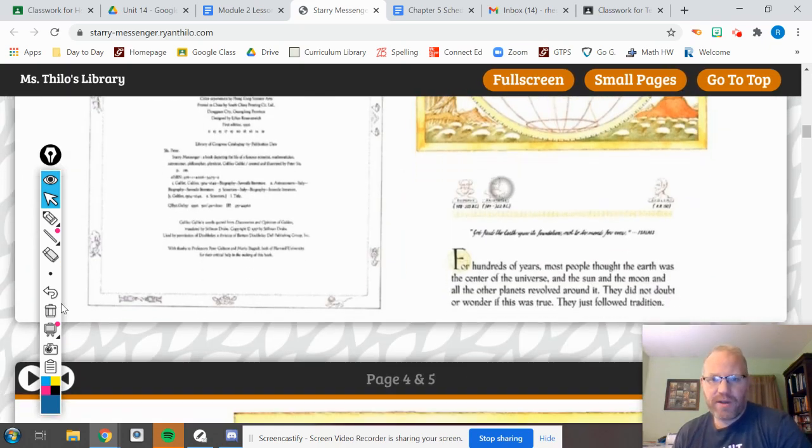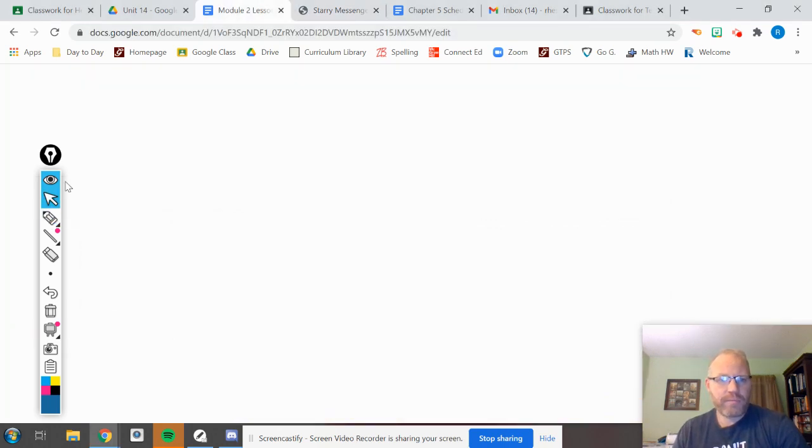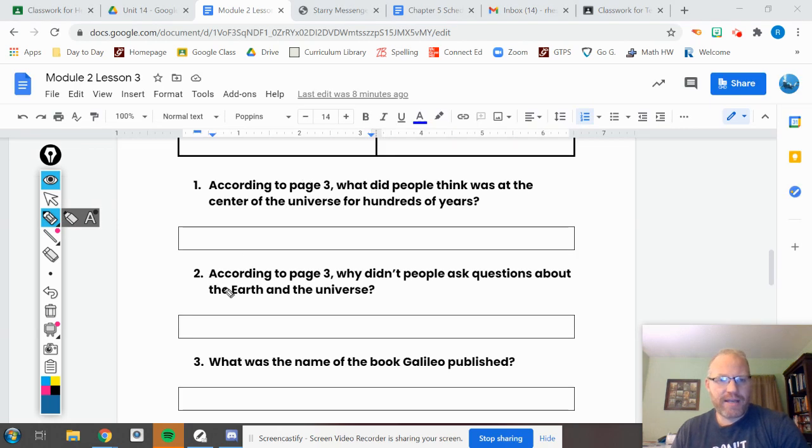And page 3 says, for hundreds of years, most people thought the earth was the center of the universe, and the sun and the moon and all the other planets revolved around the earth. They did not doubt or wonder if this was true. They just followed tradition. So what this is saying is, why didn't they ask questions?